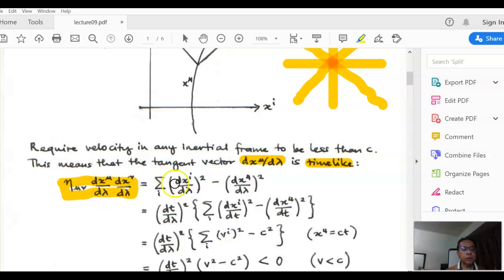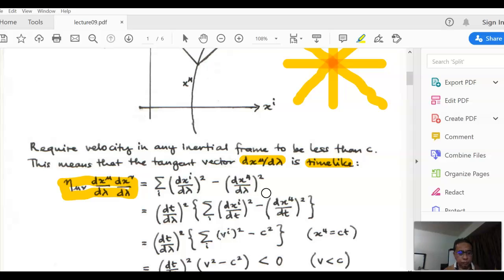The first 3 give you the derivative of the space position with respect to the intrinsic parameter, multiplied with the same thing. Remember that eta mu nu is diagonal, so you get squares here, minus, since eta for the fourth is a minus sign, the derivative of the fourth component with respect to the intrinsic parameter. So you get a squared minus c squared.